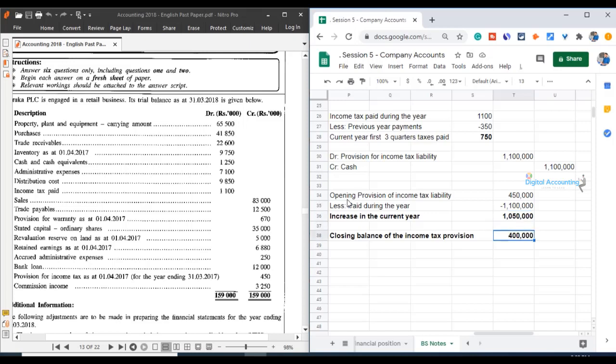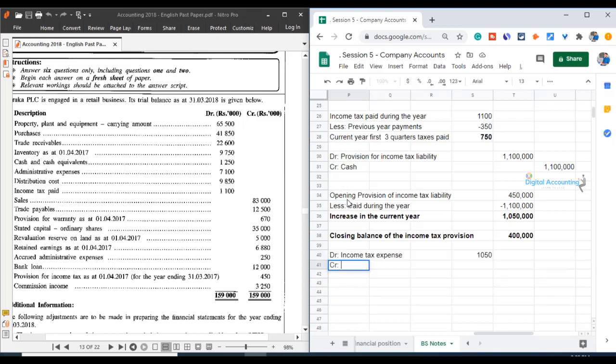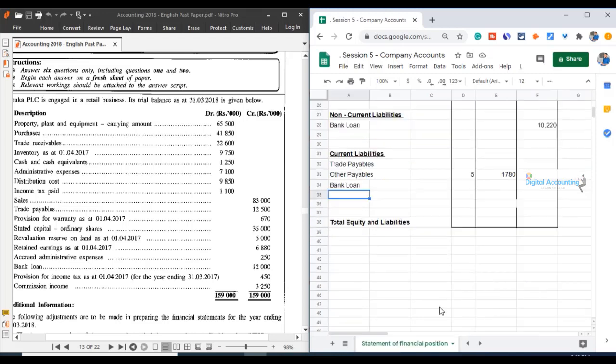It means 1,050. So the closing balance of the income tax provision should be the liability for this year. And also this 1,050 is the current year charge. We need to debit the income tax expense, this year's income tax expense, and we need to provide the provision for the income tax liability. So after we pass this entry of 1,050, the balance in the provision for income tax account will be 400,000.